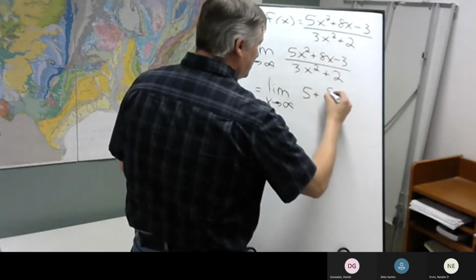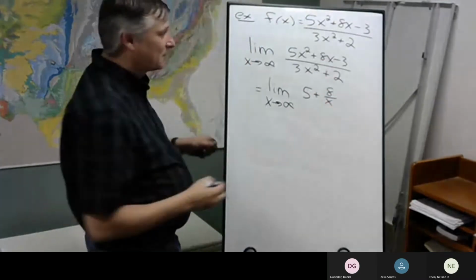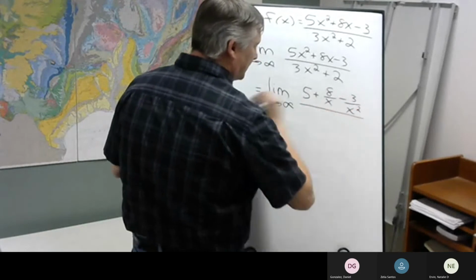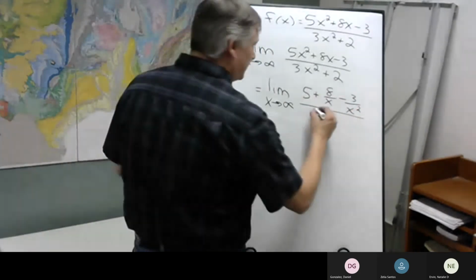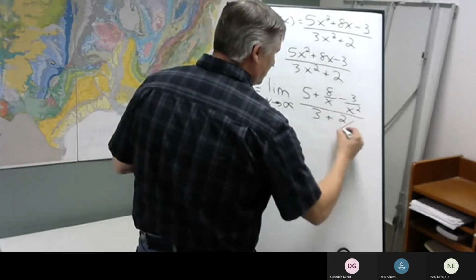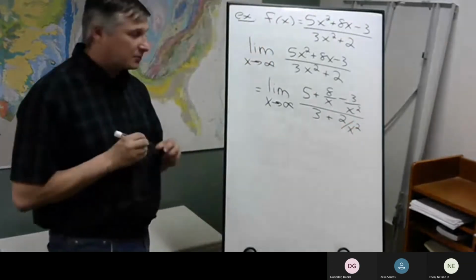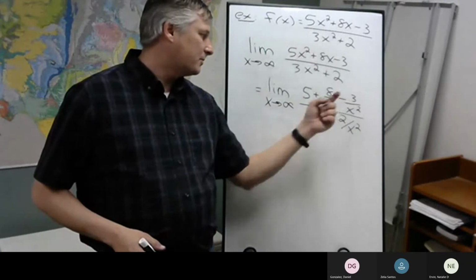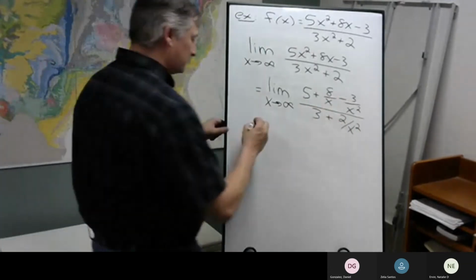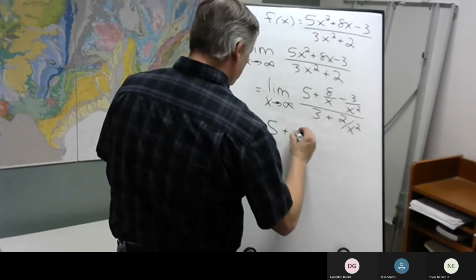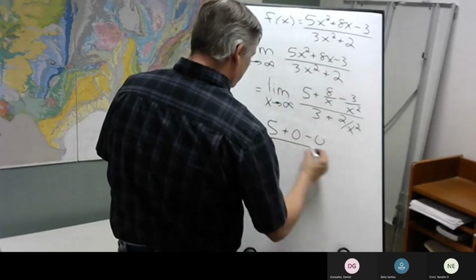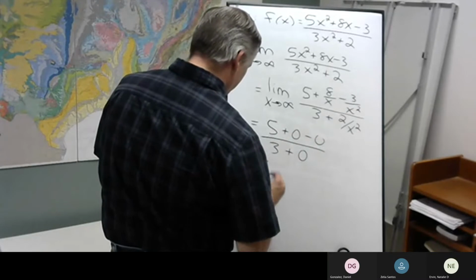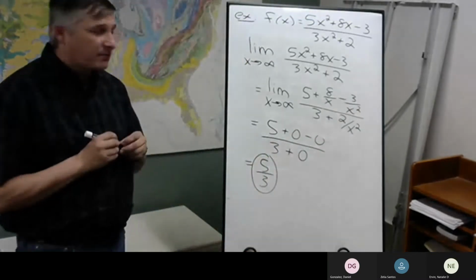This over x squared reduces to 8 over x. And this will be 3 over x squared. Then we'll have 3 plus 2 over x squared. And as we take the limit, this will go to 0, this will go to 0, and that'll go to 0. So we're going to get 5/3.